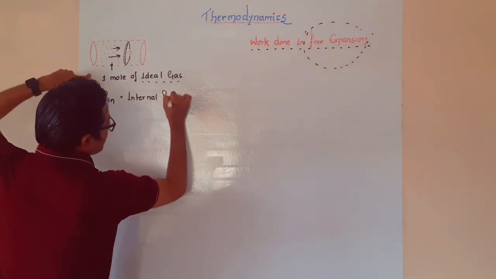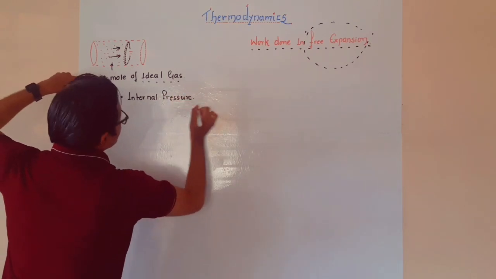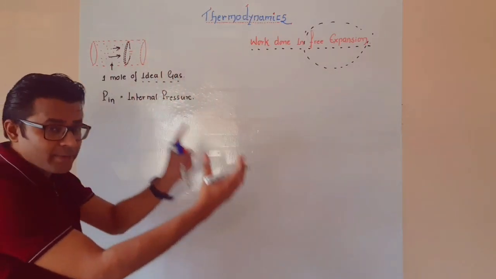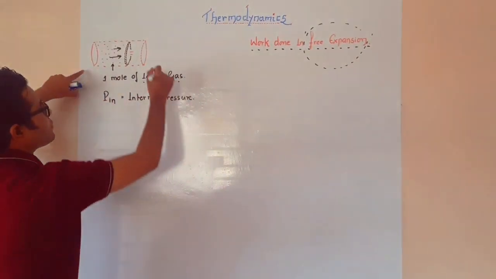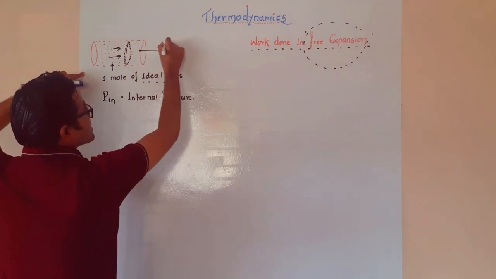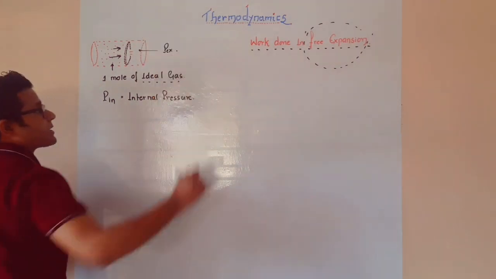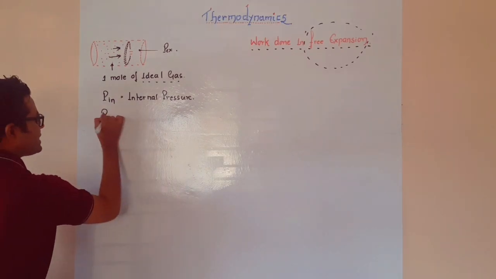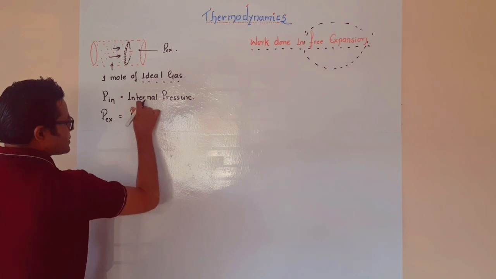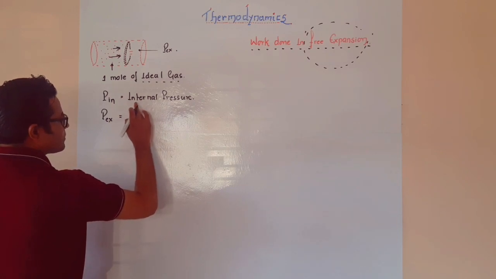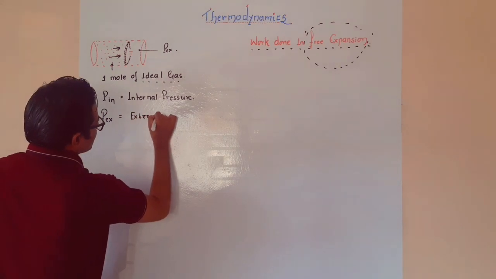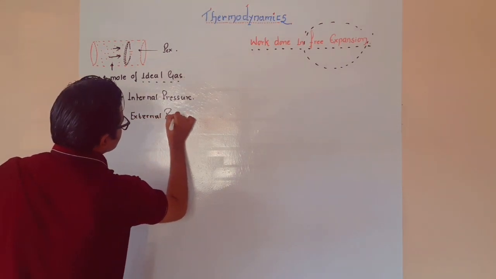Okay, now if this particular system is kept in an atmosphere, there is a certain amount of pressure that is going to act on this piston from outside, which we consider as an external pressure. Okay, so let's say P external is going to be referred to as the external pressure. Right?